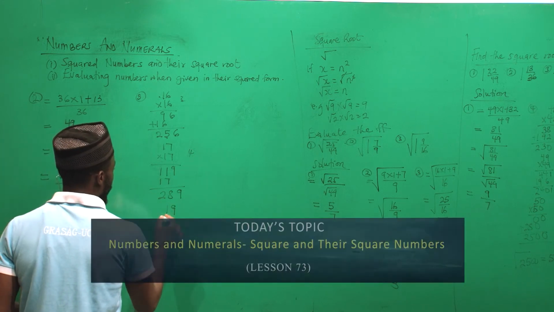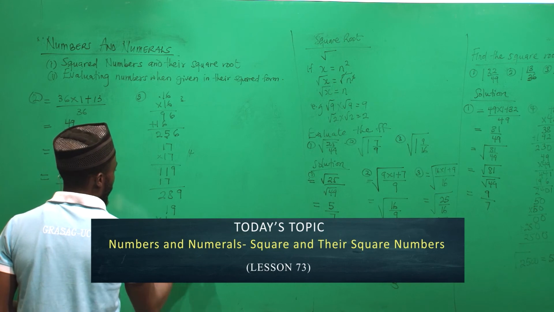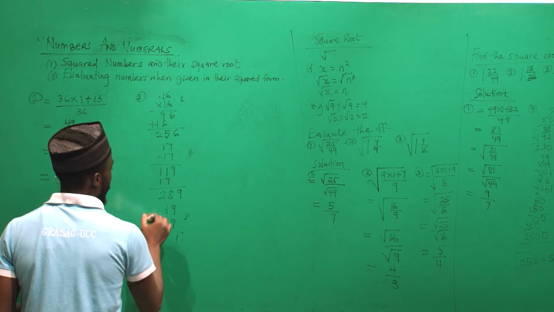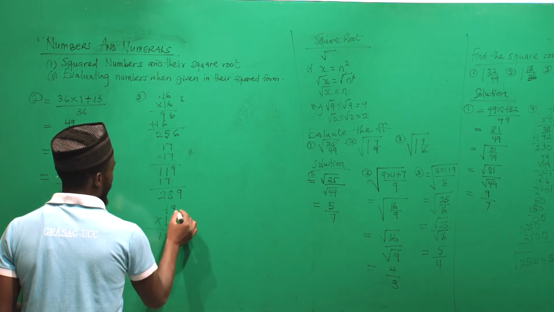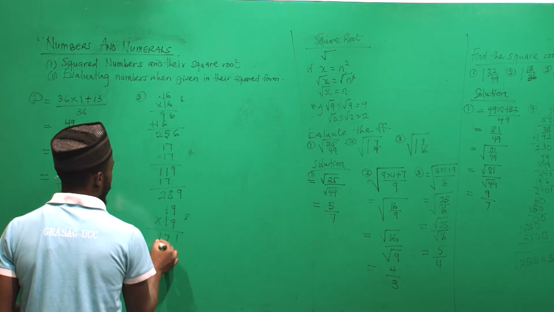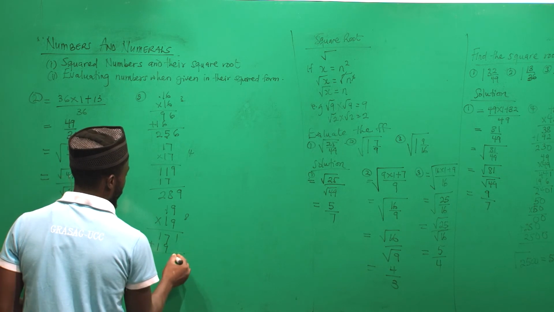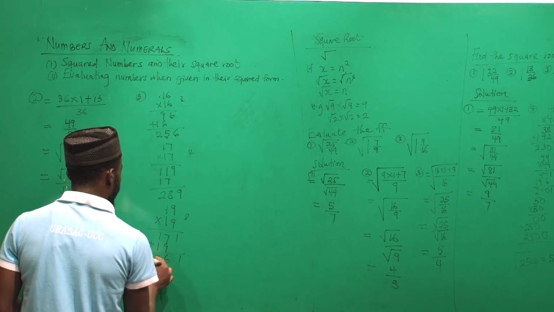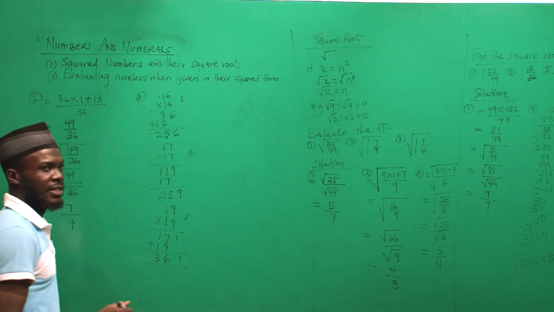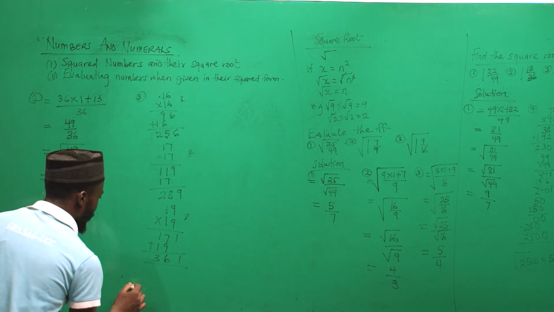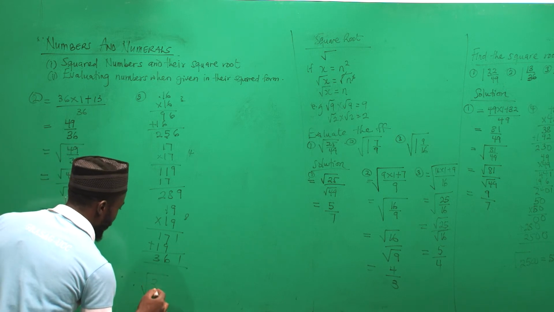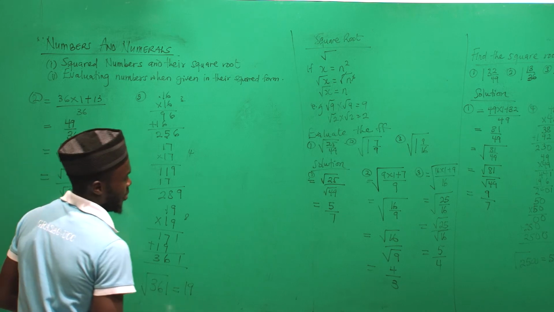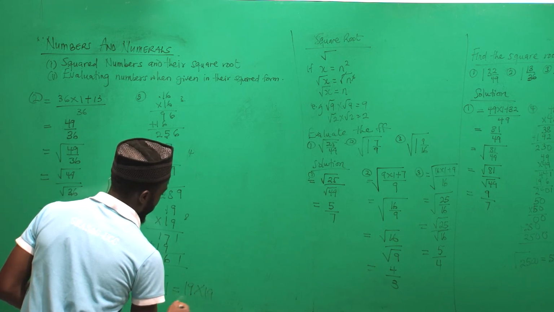So 19 times 19, 9 times 9 is 81, and so on. So I get 361. Okay, so the answer is 19. So just write therefore the square root of 361 is equal to 19 times 19, which is 19.